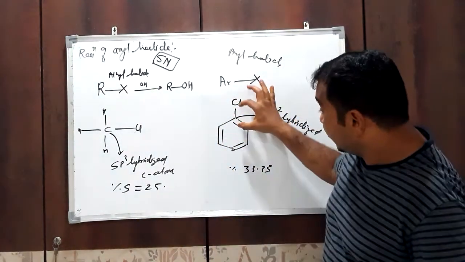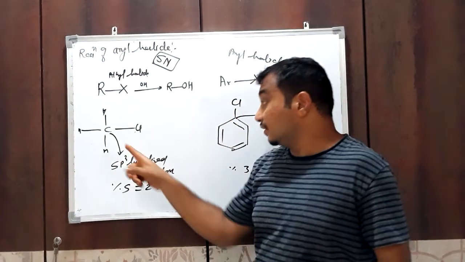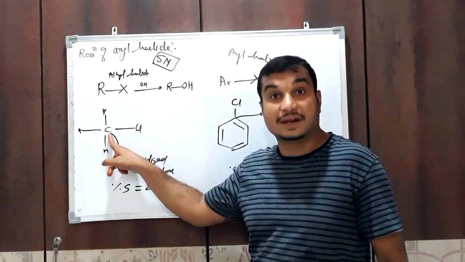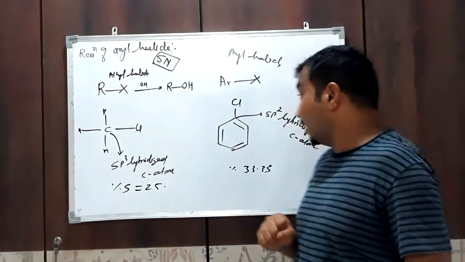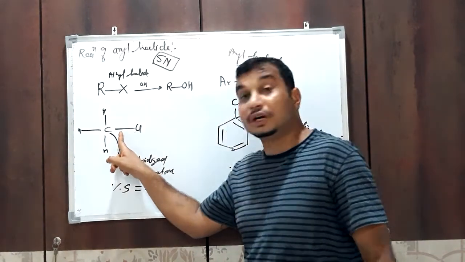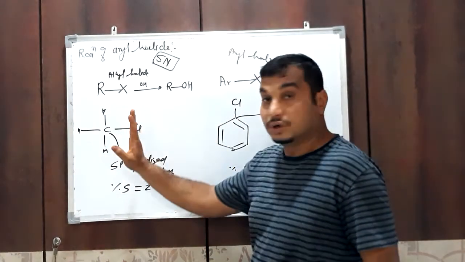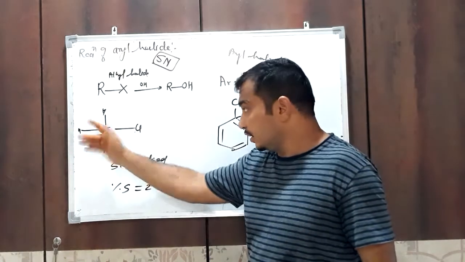Therefore the bond between carbon and halogen in aryl halide is stronger than in alkyl halide. That is one thing. And here this bond has only single bond character, there is no double bond character or any resonance.